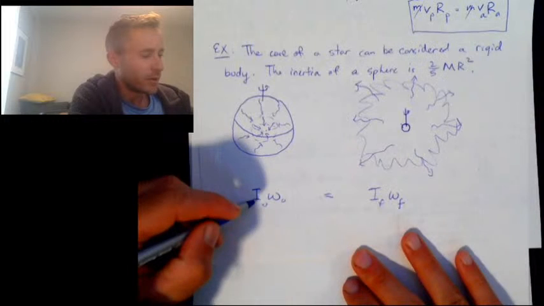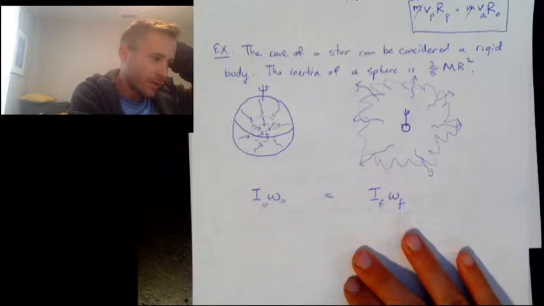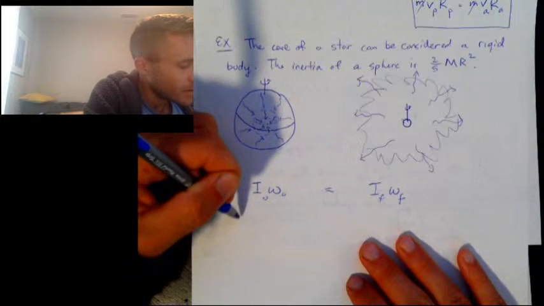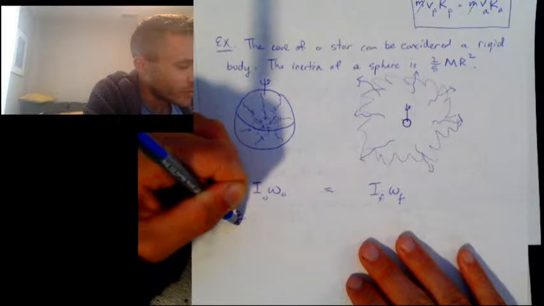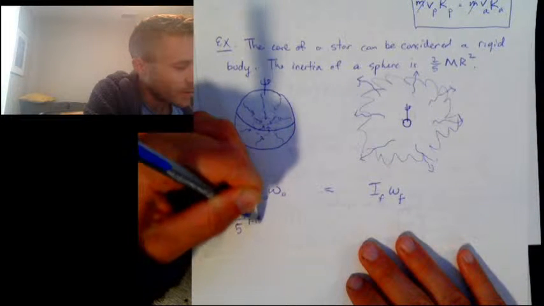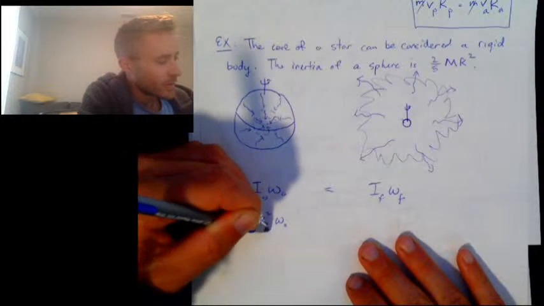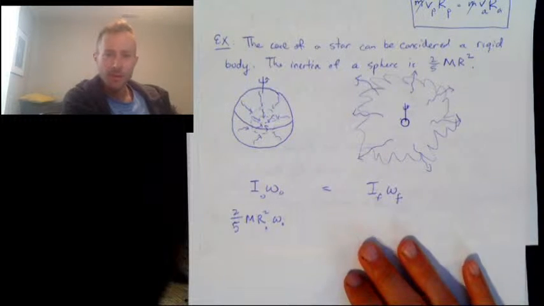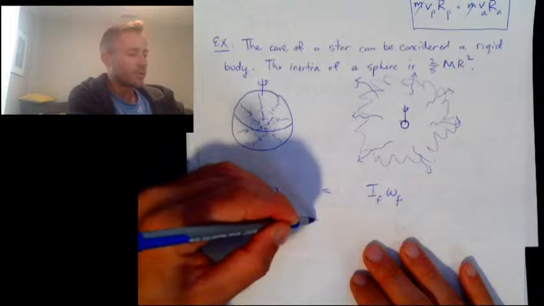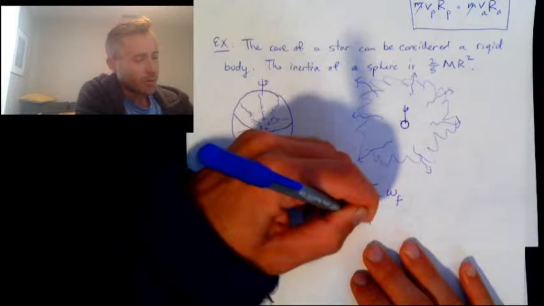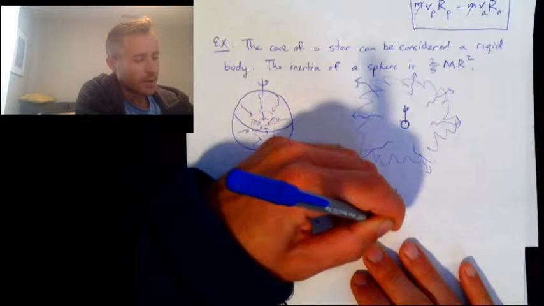All right. Now the inertia of the core of a star is 2/5 m r squared. Equals 2/5 m r final squared omega final.